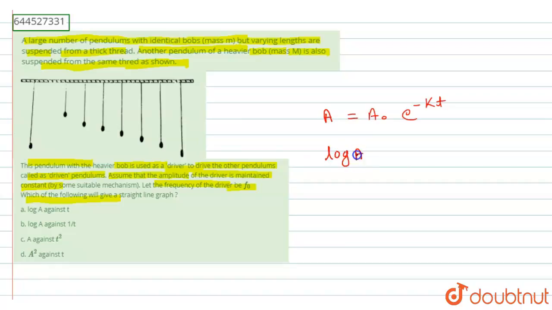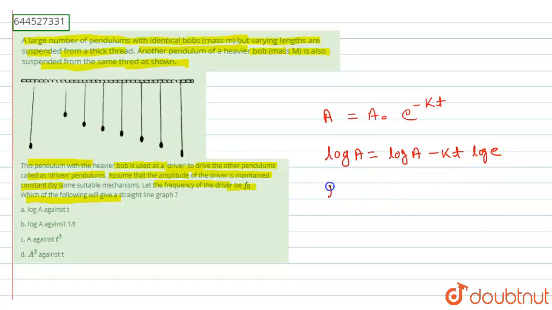So log A is equal to log A naught plus log of e to the power minus kt, which is minus kt times log e. And log e is equal to what? We know that this is equal to 1.